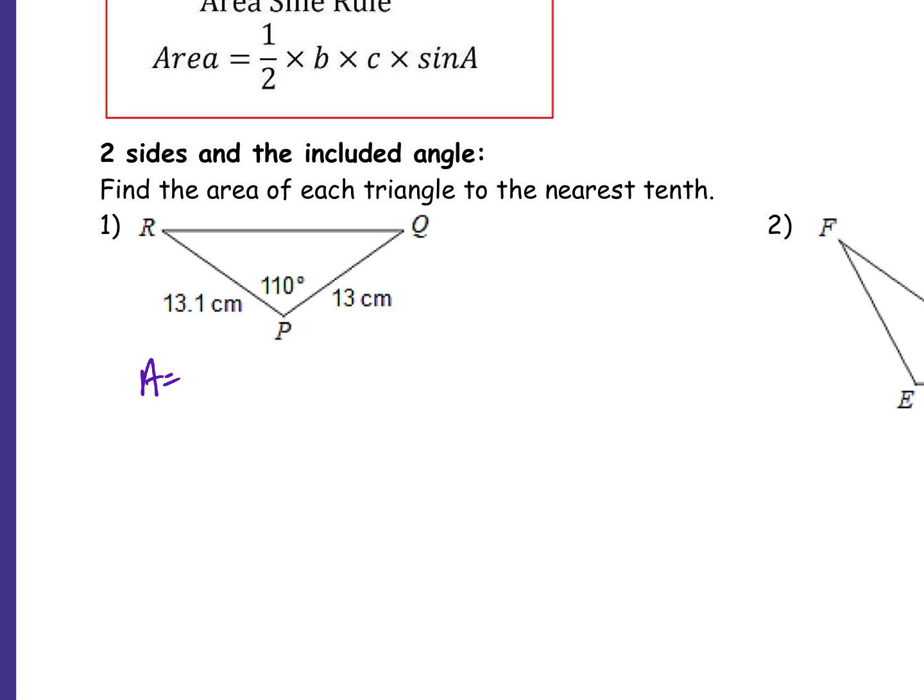So I can say 13.1 times 13 times the sine of 110. And then I'm just going to put that exactly like that into my calculator. I'm going to check to make sure my calculator is in degrees, and it's not, it's in radians.